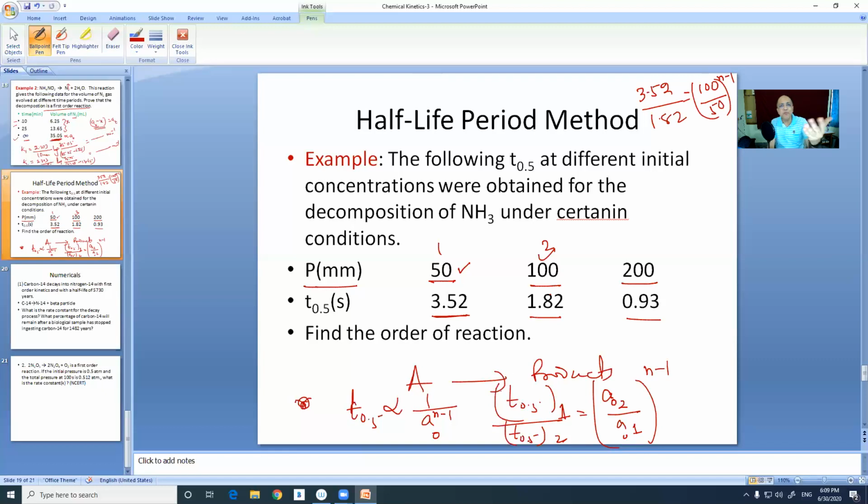Right? In this type of problems, n is a whole number. Remember this. So you have to round off. So let us find out what is 3.52 divided by 1.82. This comes 1.934 is equal to 2 to the power n minus 1.